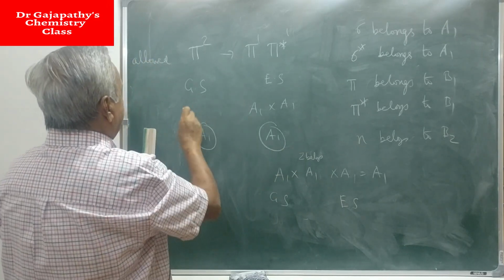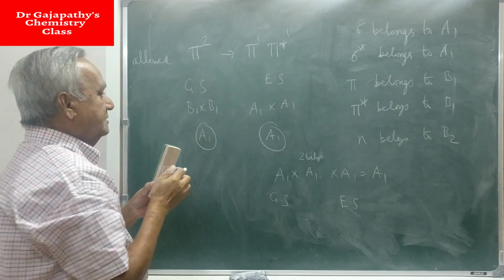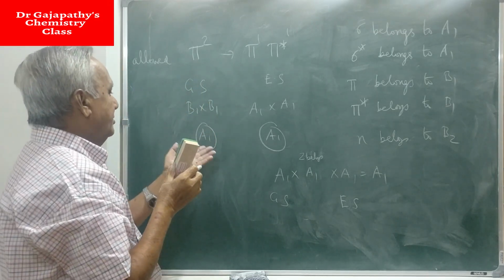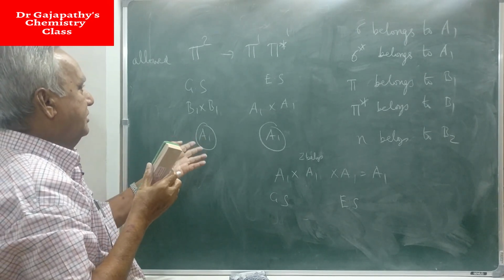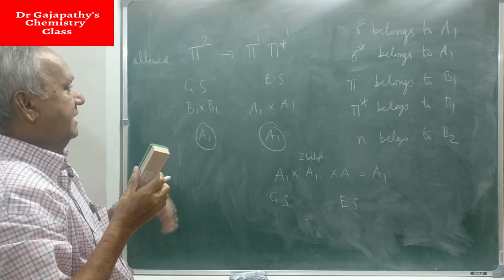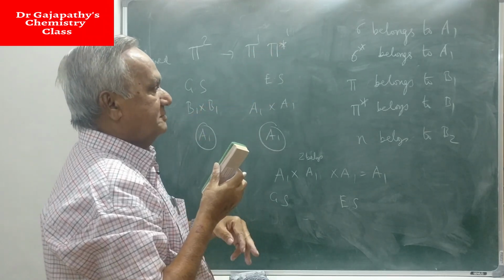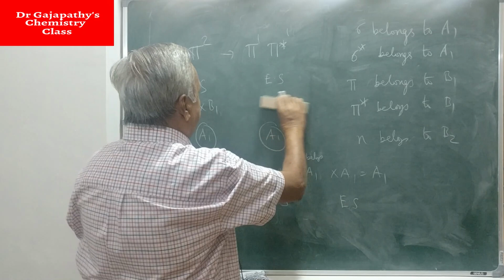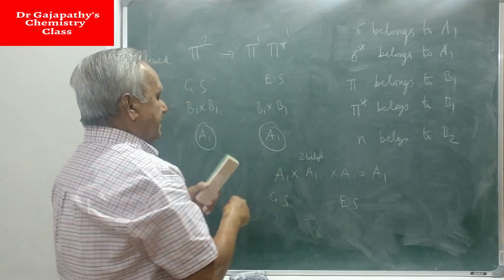So the ground state is B1 for 1 electron, B1 for the other electron. You know B1 into B1 equals A1. We have already seen all those things. So the ground state is A1. Excited state, one electron in the pi, one electron in the pi star. Again, it is B1 into B1, A1.